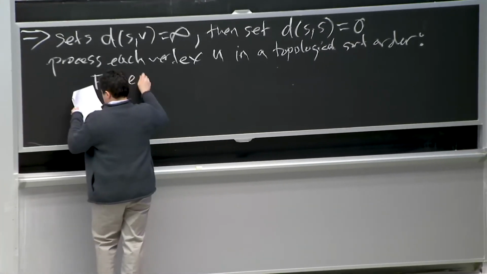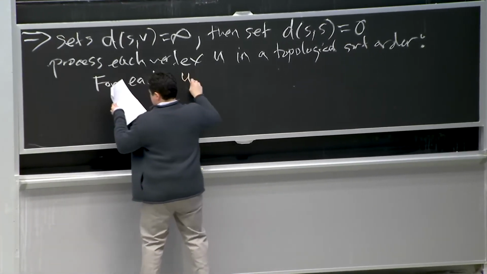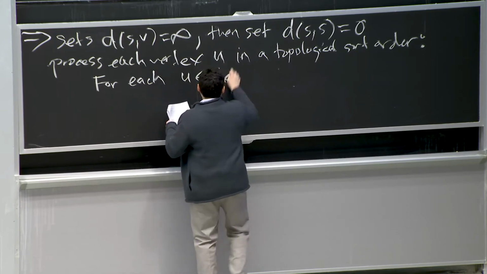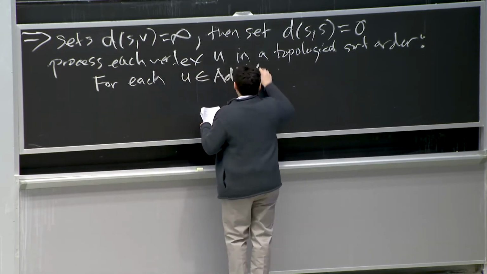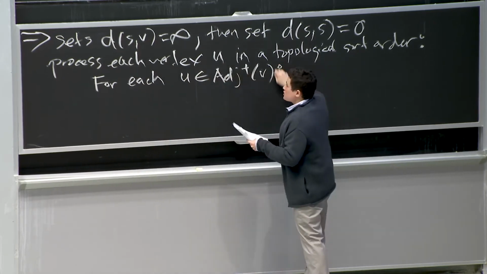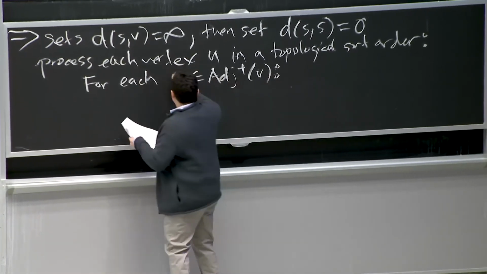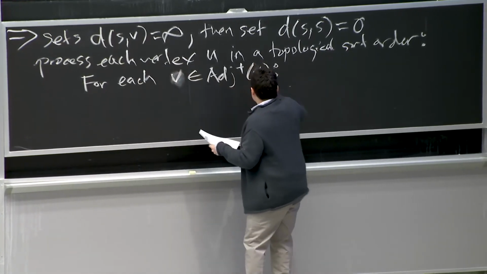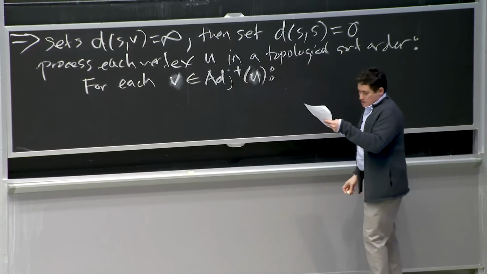For each outgoing neighbor V of U. I always get U and V mixed up here. Okay?